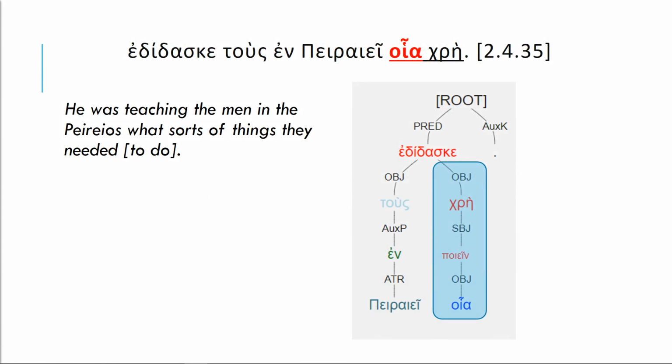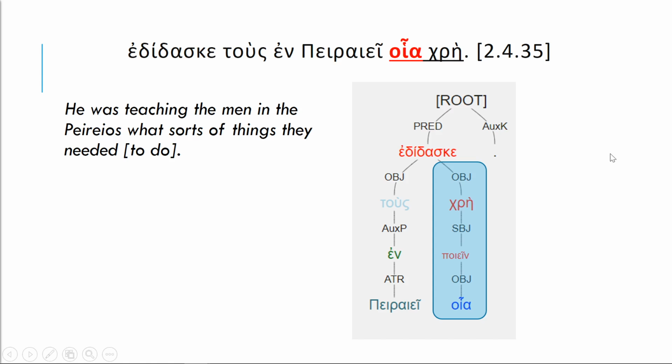He was teaching the men in the Piraeus what sort of things they needed. And what we get is the relative with the infinitive, the "to do," left out, right? What they needed to do, what they needed to have. Some verb is left out there.